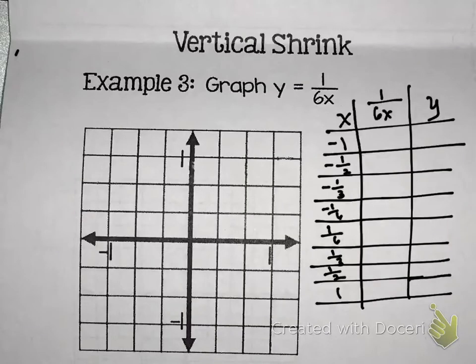Okay, so picking up where we left off, now we're going to talk about the vertical shrink. So I have some points here for x, and we're going to go ahead and put in the y, or put that in for x.